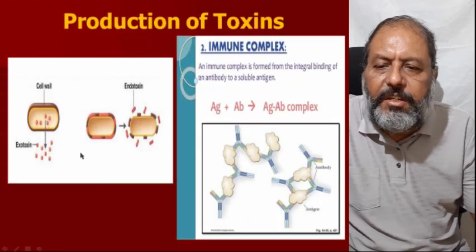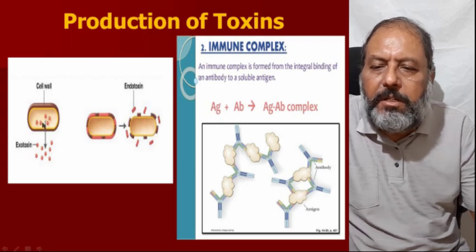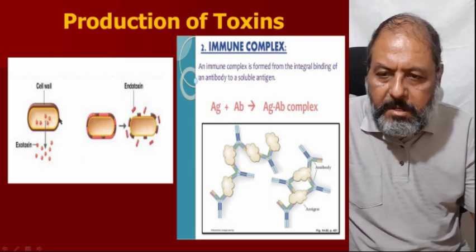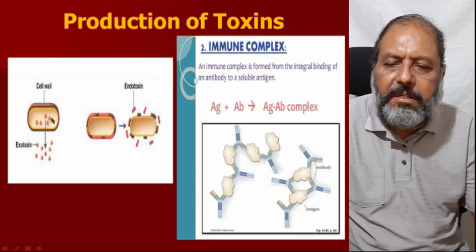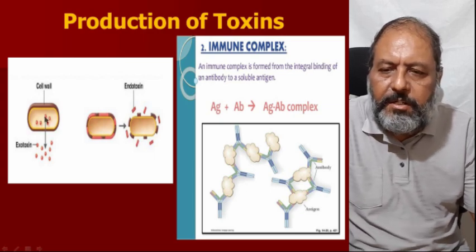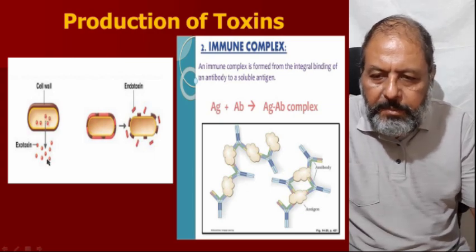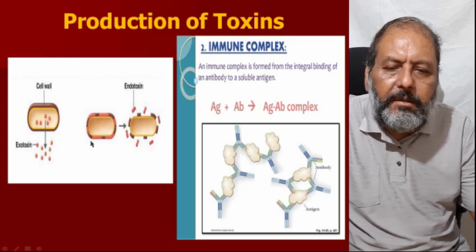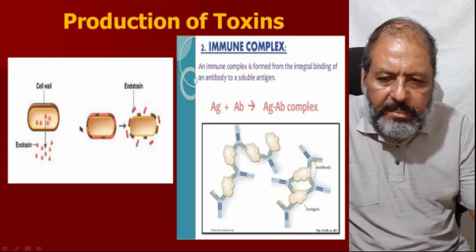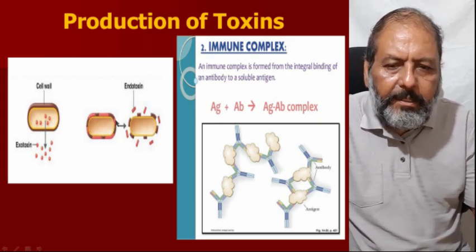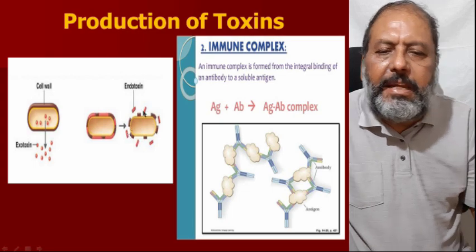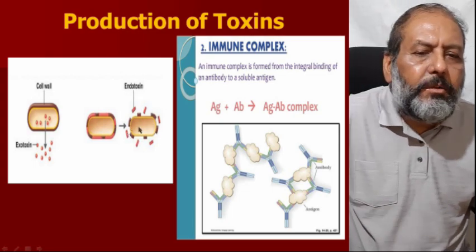Here one can see the exotoxin of the gram-positive bacteria. These bacteria synthesize the toxin and release it in the form of exotoxin, but the cell wall of the gram-negative bacteria is going to disintegrate to produce the endotoxin.